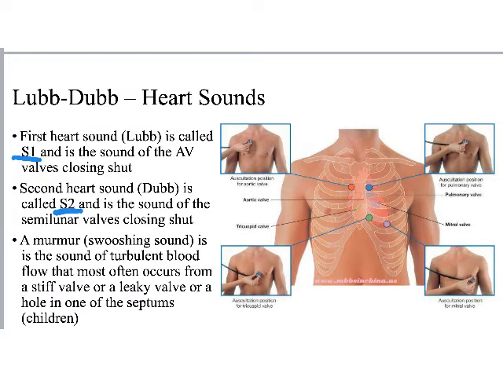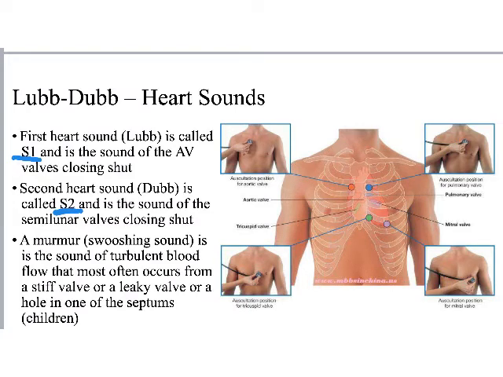So a murmur is pretty nonspecific. There are lots of causes of it, but sometimes we can tell from the character of the sound, the loudness of the sound, and the location on the chest where it's loudest, we can get an idea of what the problem might be.